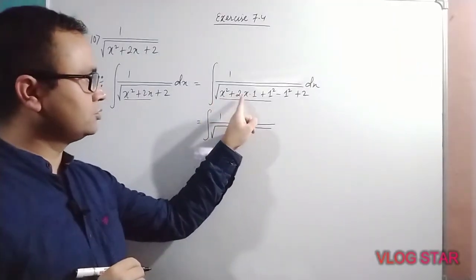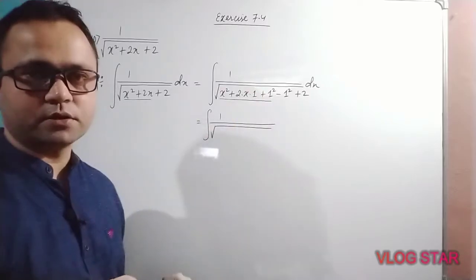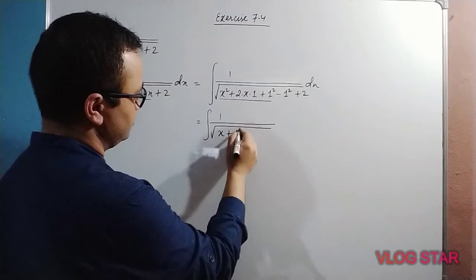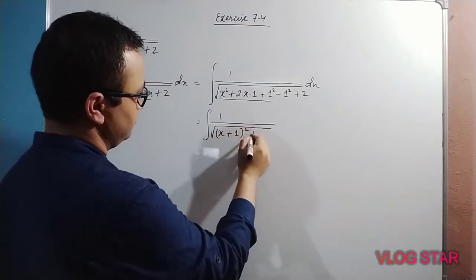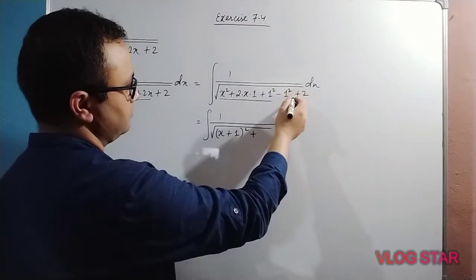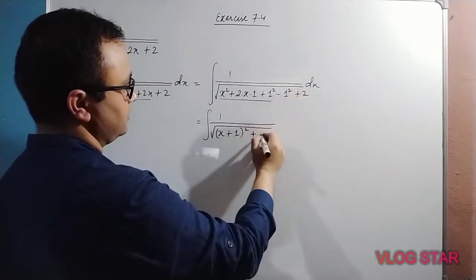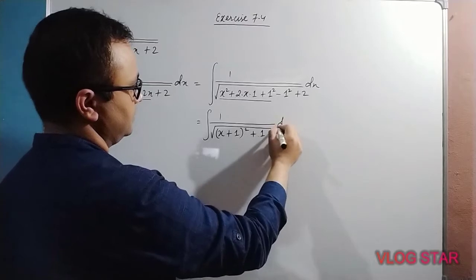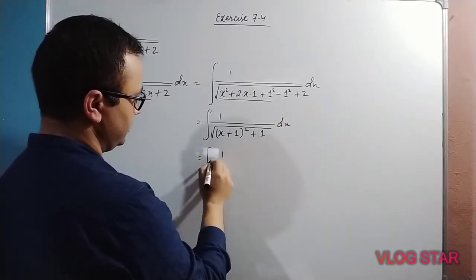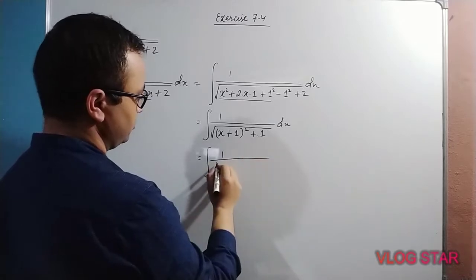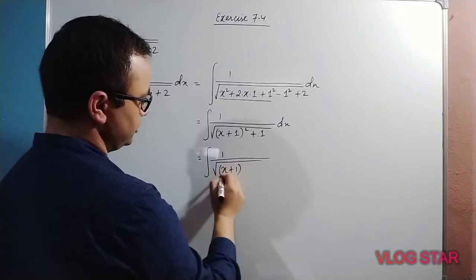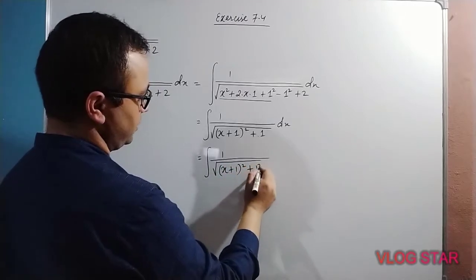A square plus 2ab plus b square is a plus b whole square. So we will write here x plus 1 whole square minus 1 square, that is 1, and 2 minus 1 is plus 1, dx. Now this equals integration of 1 by root over x plus 1 whole square plus 1 square dx.